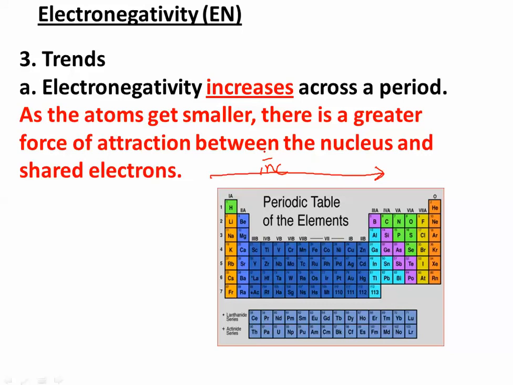What's the reason why? Well, if you think of atomic radius, when you go across a period, atomic radius gets smaller. And as the atoms get smaller, there's a greater force of attraction between the nucleus and the shared electrons. And remember, across a period, you're increasing the number of protons, the atoms are getting smaller, force of attraction goes up.